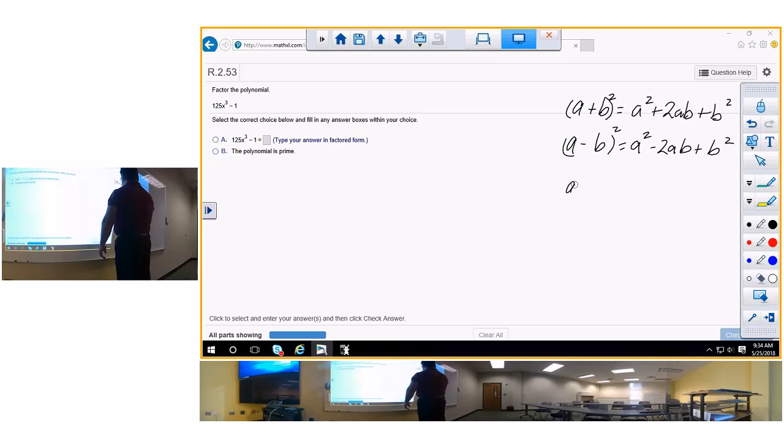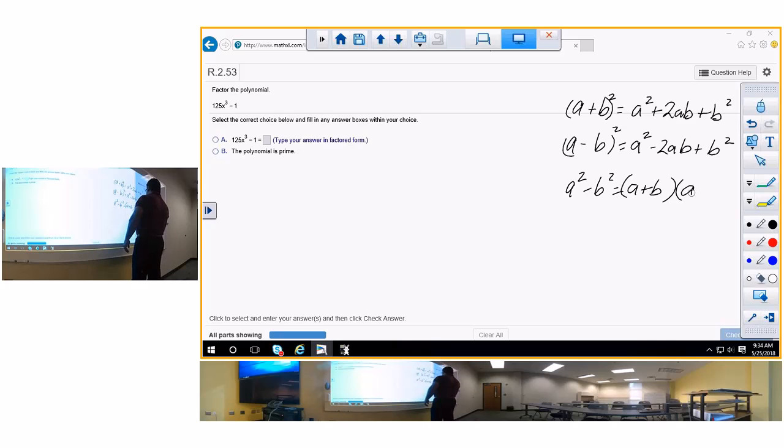And A squared minus B squared is equal to A plus B times A minus B. And A cubed plus B cubed is equal to A plus B times A squared minus AB plus B squared.